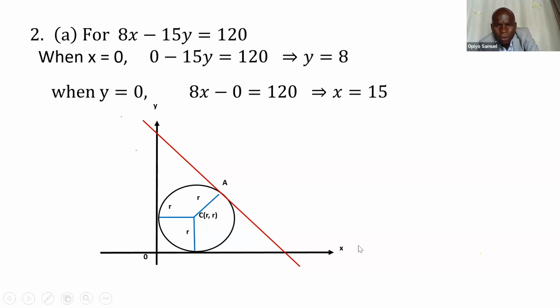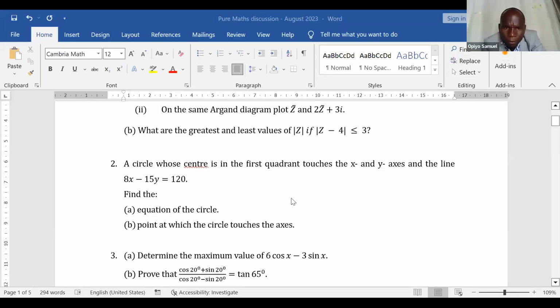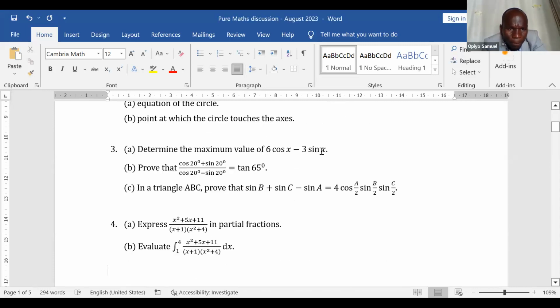Maybe probably again show you the questions for number 3 before we can work on it. So I'm going to stop this sharing so that we can see the question for number 3. Question 3 is determine the maximum value of 6 cos x minus 3 sin x. That's 3A.